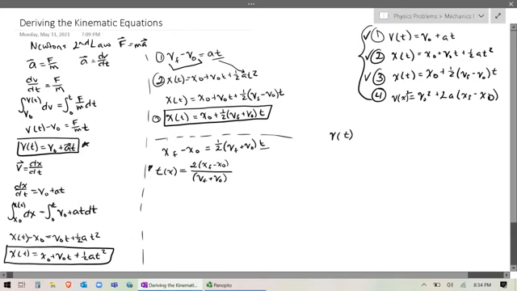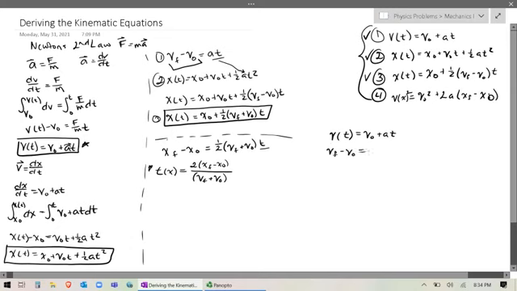So velocity as a function of time is equal to v naught plus at. We're going to move v naught over, so that's going to change this to v final minus v initial is equal to at.